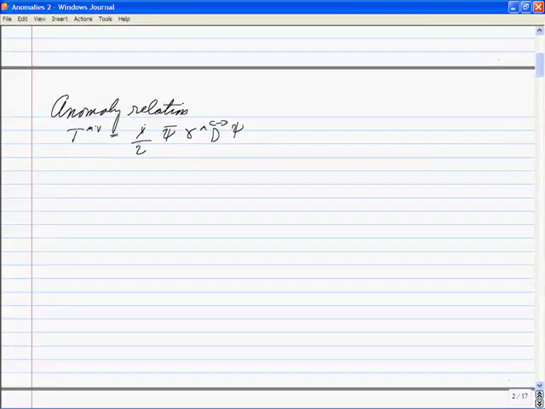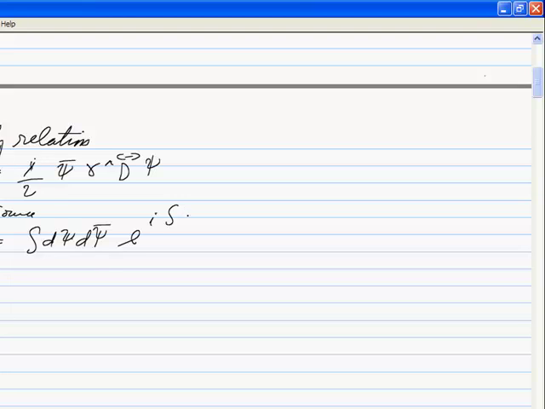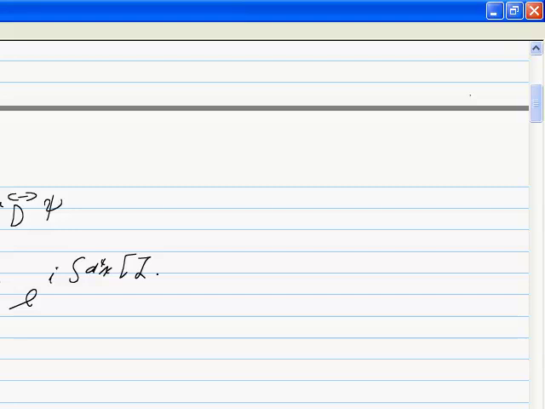We add this with a source. So the Z of h is the integral d psi bar d psi e to the i integral L_QCD plus h T_{mu nu}.